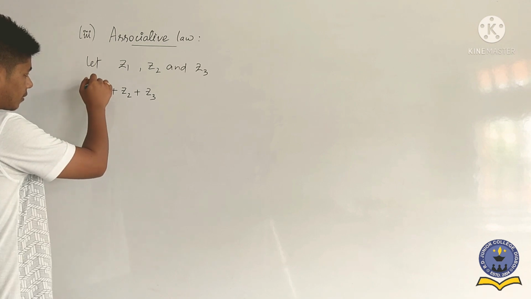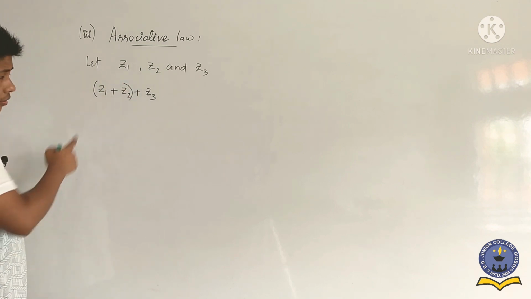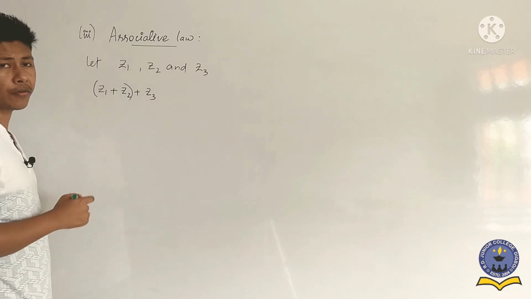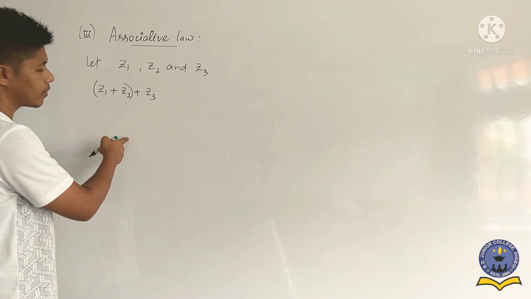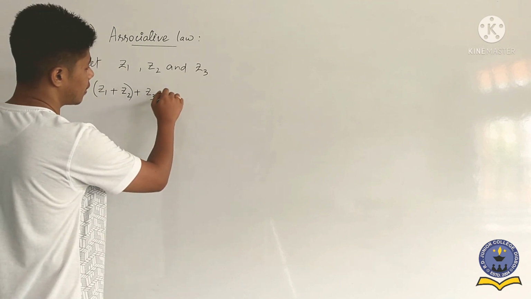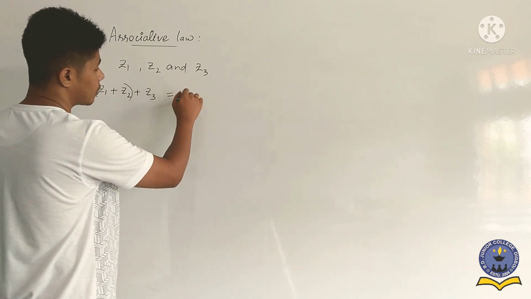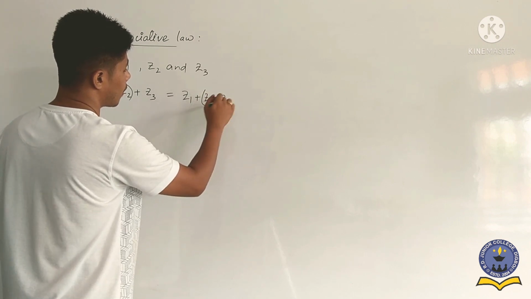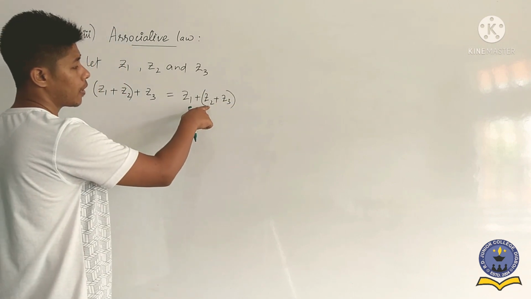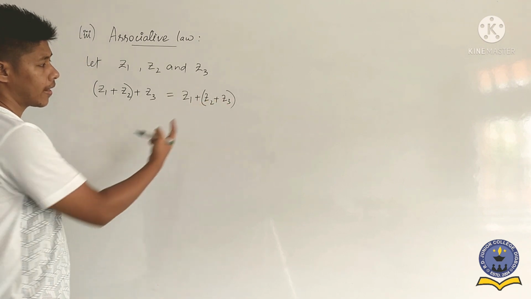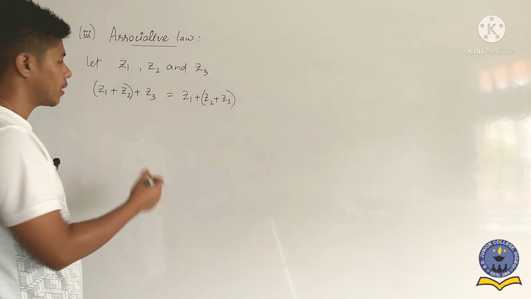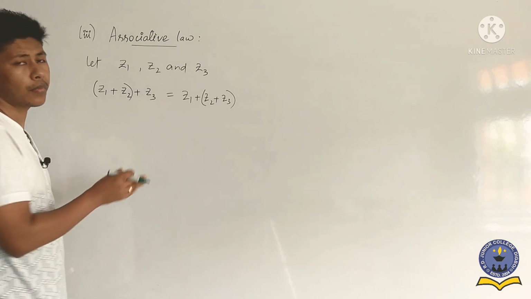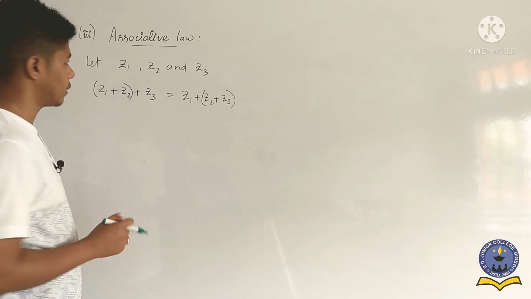So now in this case, if we add z1 plus z2 first, and then after that we add with z3, then whatever result we get here is always equal to the result if we add z2 plus z3 first, and then add this with z1. In both cases we get the same result. If the result is the same, then it is known as associative law.